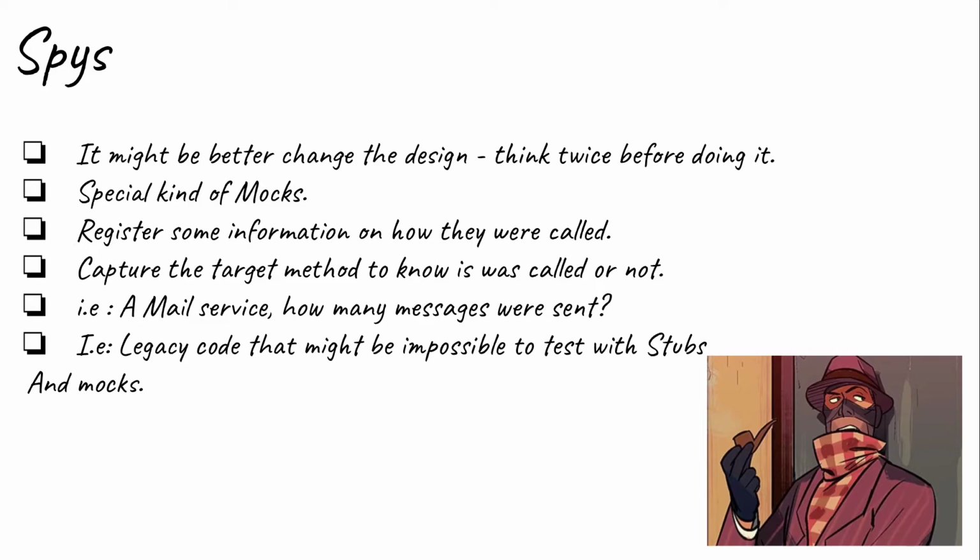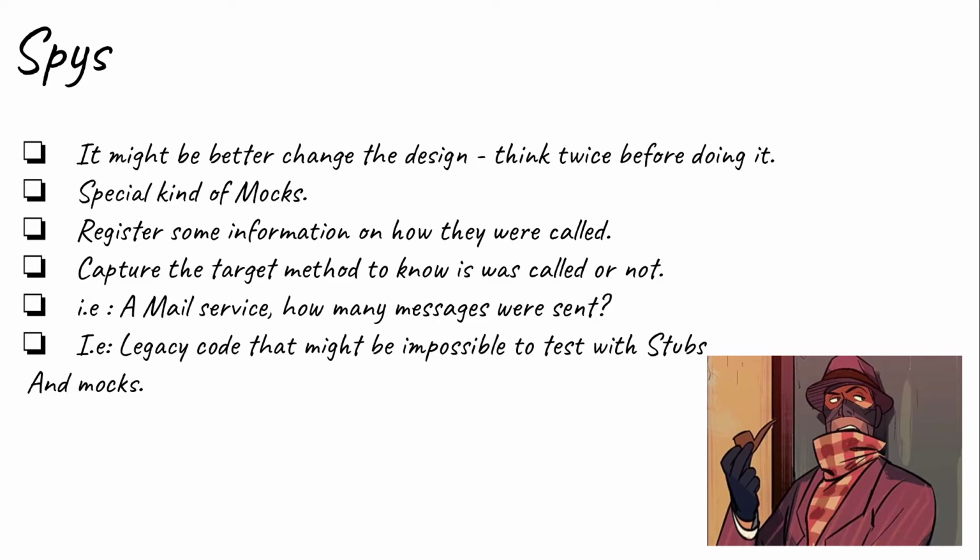But there are special kinds of mocks, all right? You also can register some information about how they were called, and you can capture if they were called or not. So they capture the target method, and they know if they're called or not, and they can know how many times they're called, right?